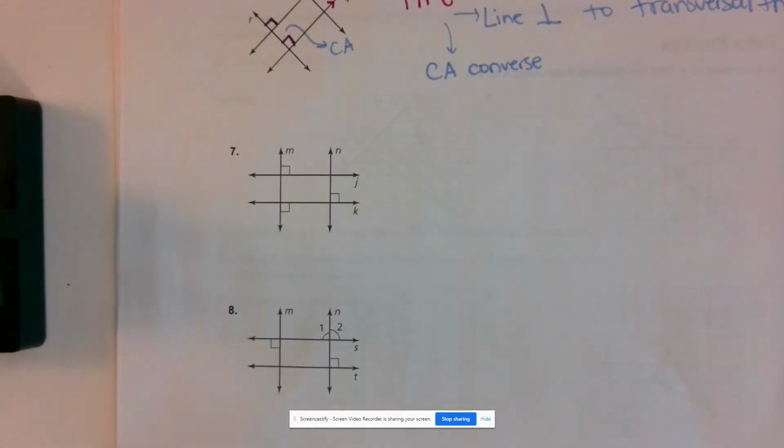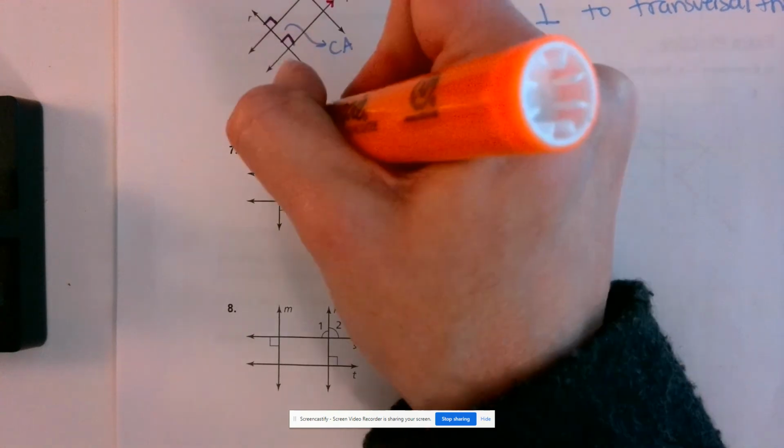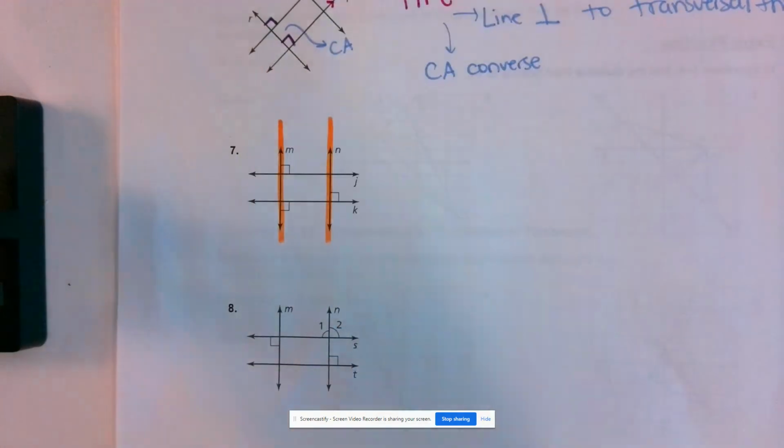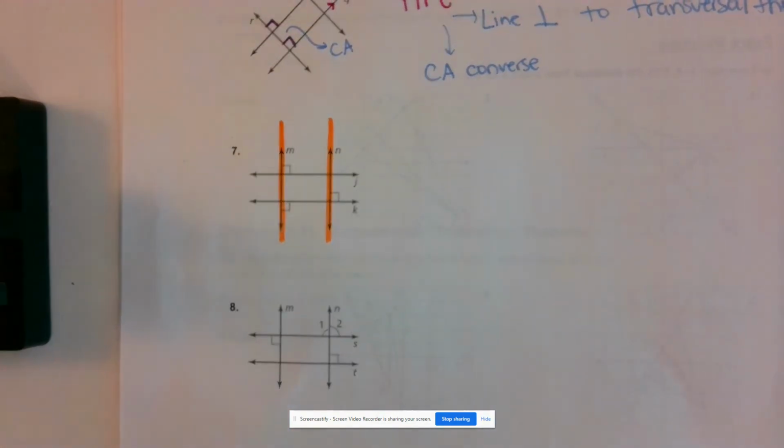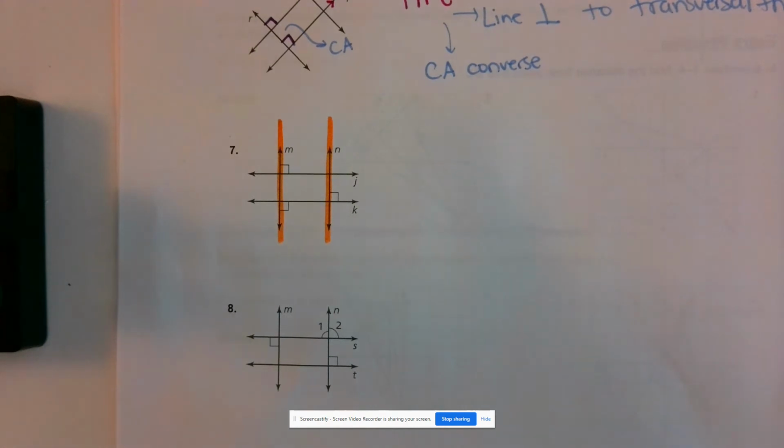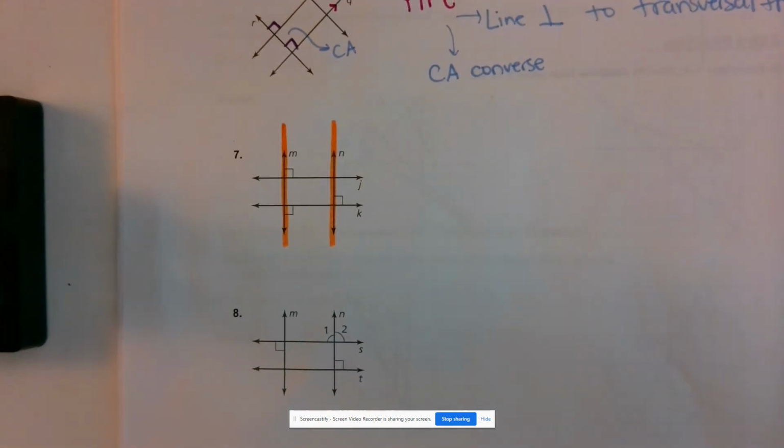All right, and in number 7, I want to determine if there are any parallel lines. So first, let's look at M and N. Let's see if we can figure out if M is parallel to N. So I'm interested in a transversal that cuts through M and N that I know some information about the angles on.